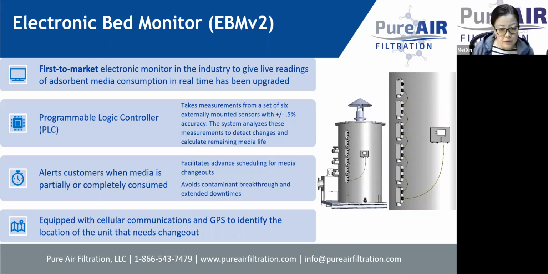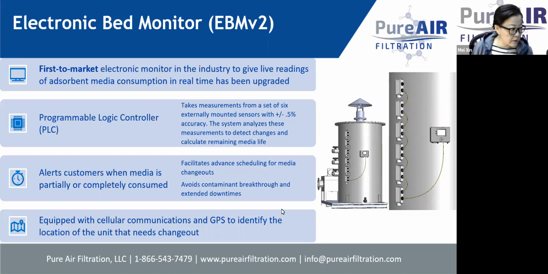With this monitor, you can avoid unplanned downtime and contaminant breakthrough. This system can also do remote communication, equipped with cellular communication and GPS, so you can identify the location of the unit that needs to be changed out. So there are several benefits.